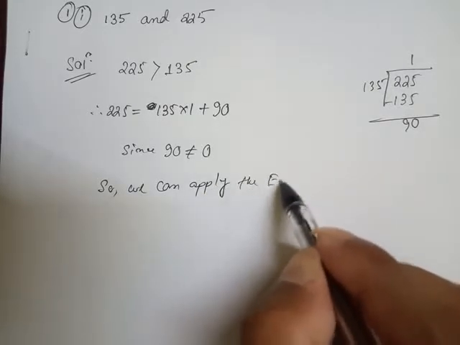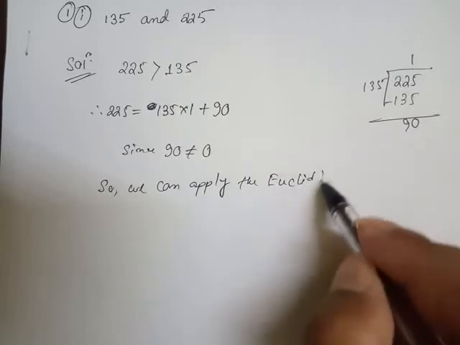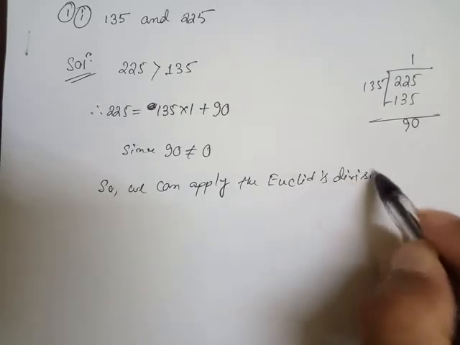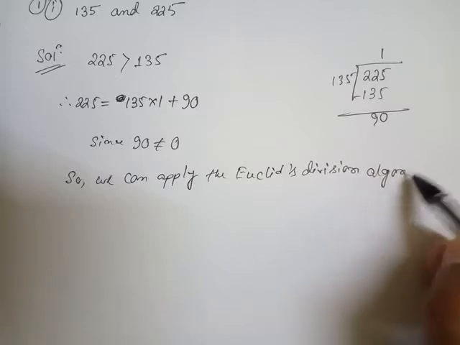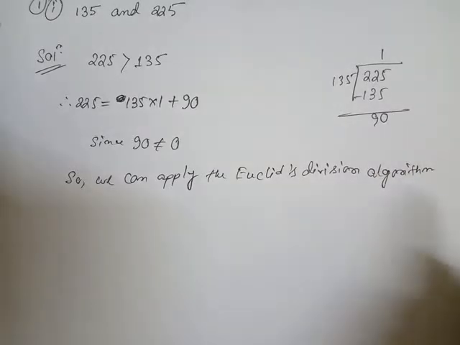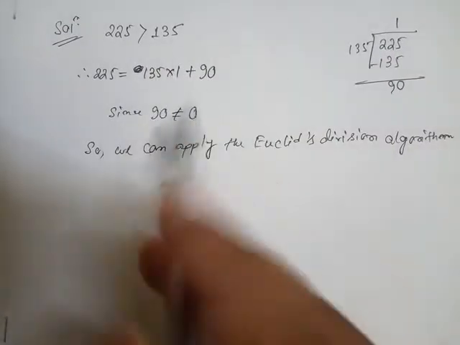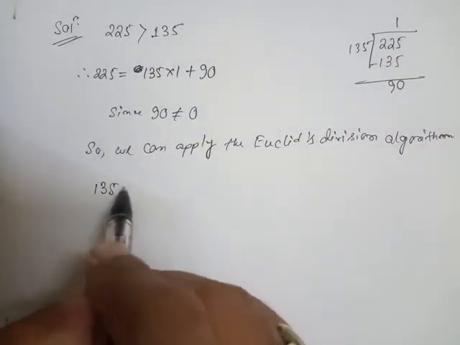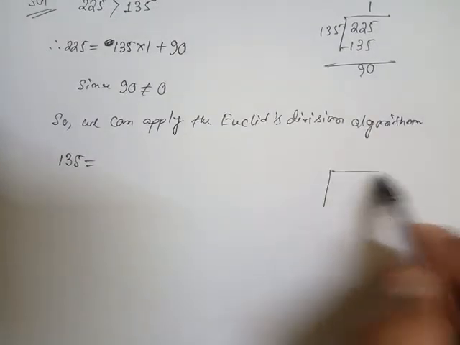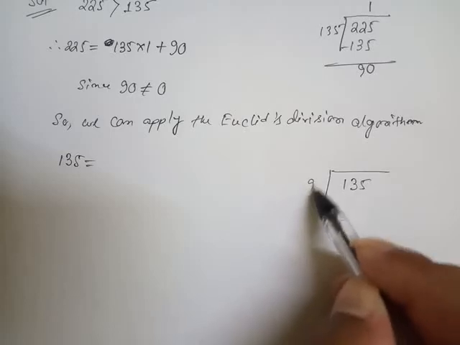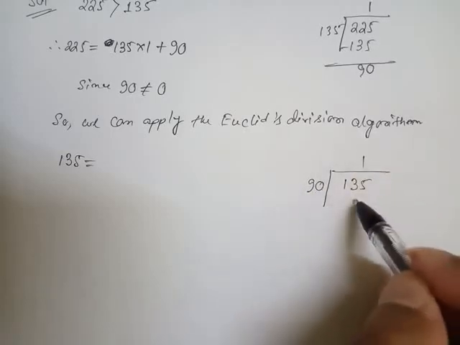So we can apply Euclid's division algorithm. After that we'll go for the division again. 135 equals, again I'm going for long division here, 135 by 90, so 1 times 90 is 90.